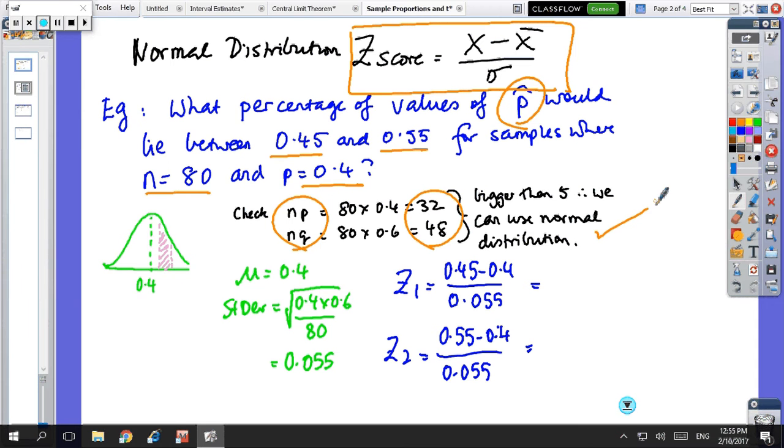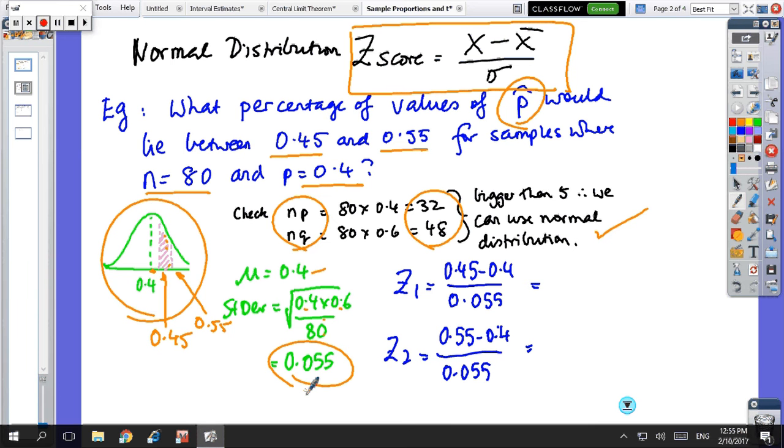So basically what's happening is we've got the normal curve, the mean is 0.4, and we're trying to find the probability that the sample is between 0.45 and 0.55. So we're trying to find the area under the curve once we know the standard deviation. So mu is 0.4, standard deviation is the square root of pq over n, which is 0.055.